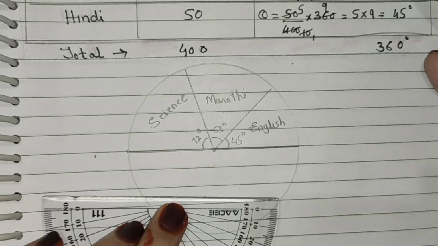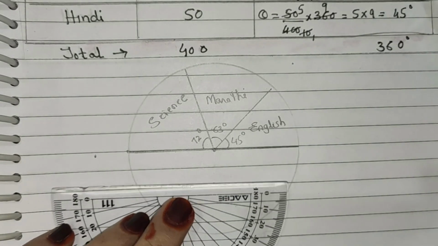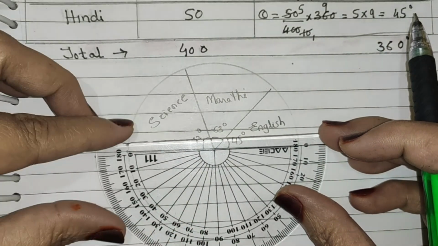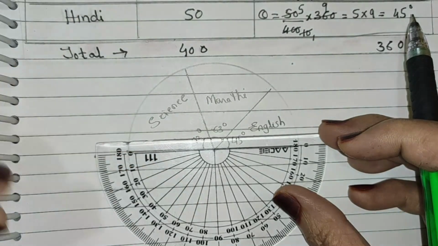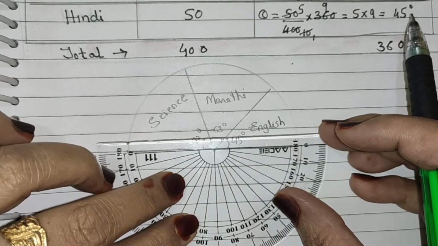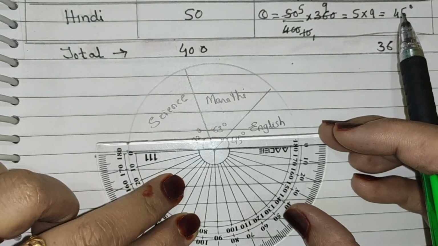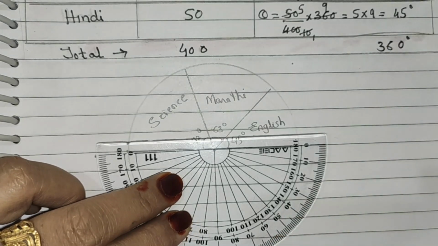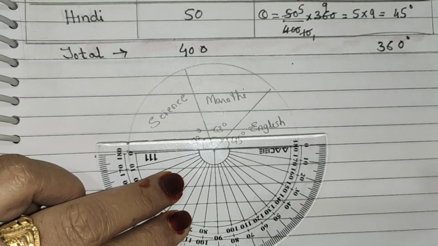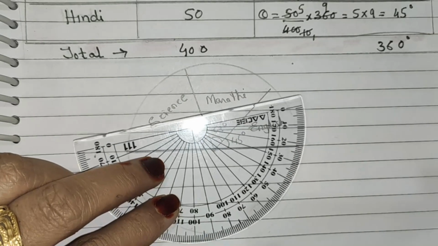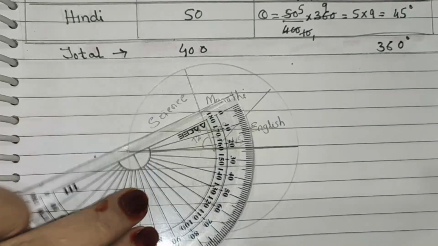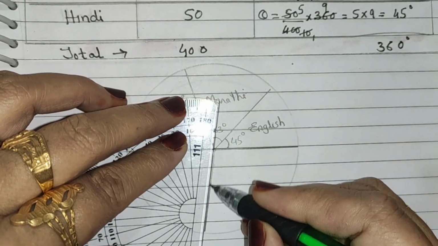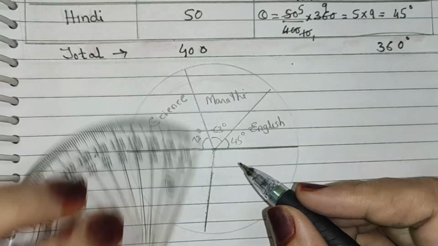Now the next is mathematics and the central angle is 81. Now place the degree and angle is 81 here. Now after 81 and draw radius.